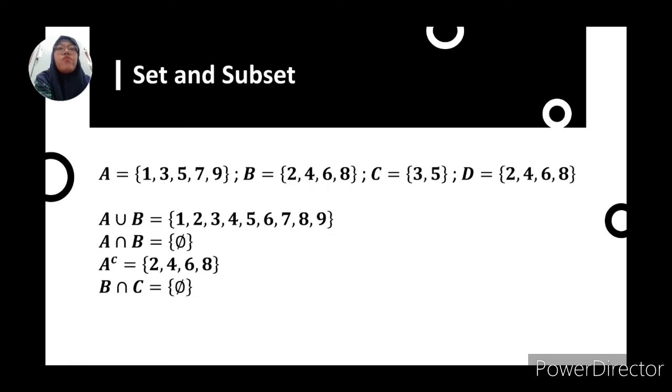The elements of set B are 2, 4, 6, 8 in the brace. The elements of set C are 3, 5 in the brace. The elements of set D are 2, 4, 6, 8 in the brace.